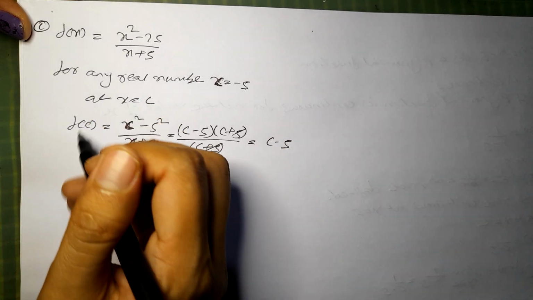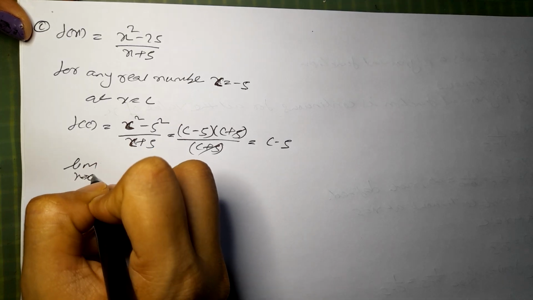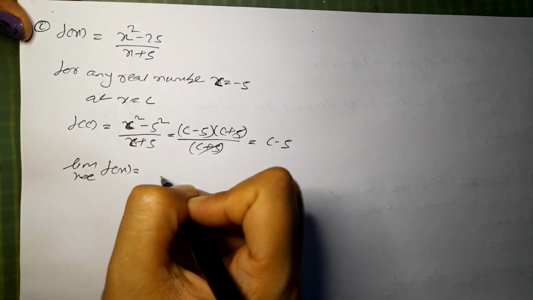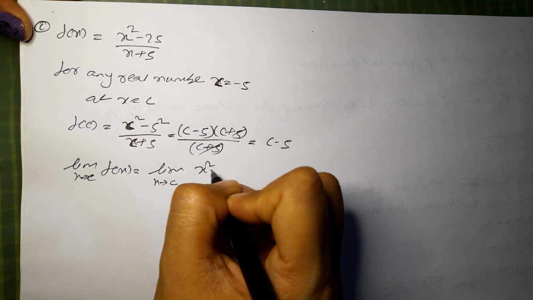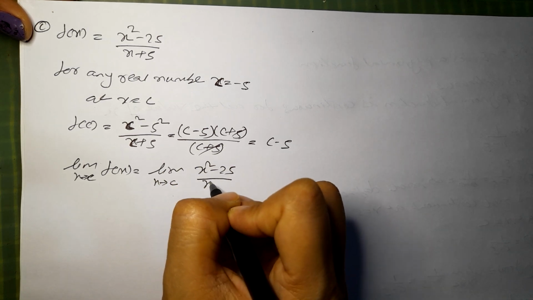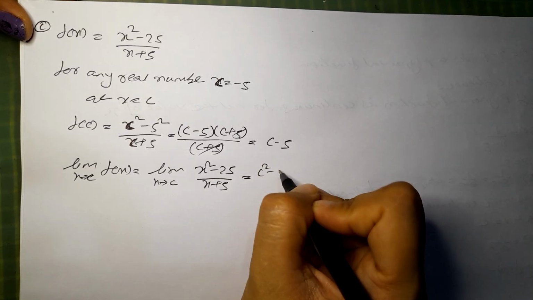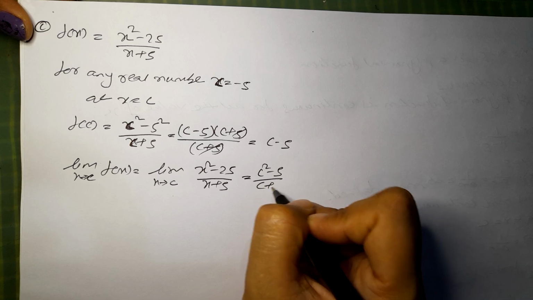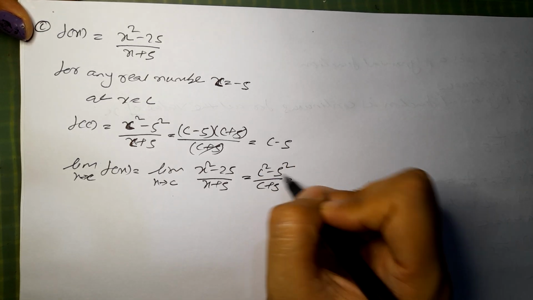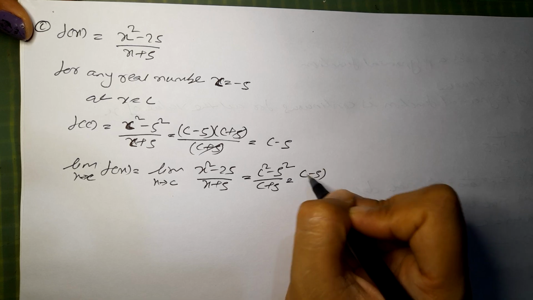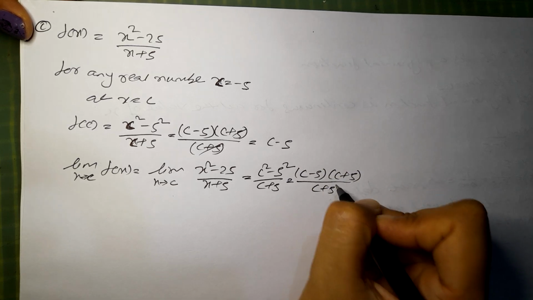So now let's find the limit. The limit as x tends to c of f of x, where the function is x square minus 25 over x plus 5, will be c square minus 25 over c plus 5. 25 is 5 square, so it will be c minus 5 times c plus 5 divided by c plus 5.